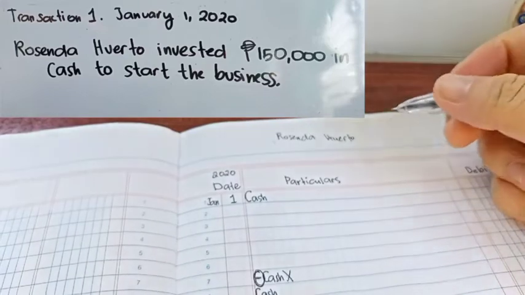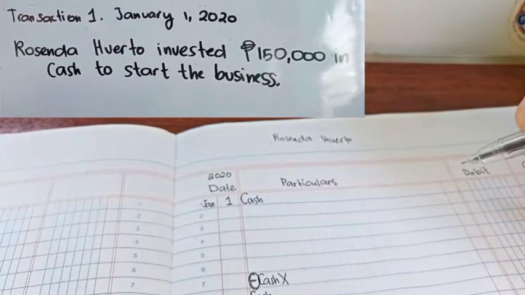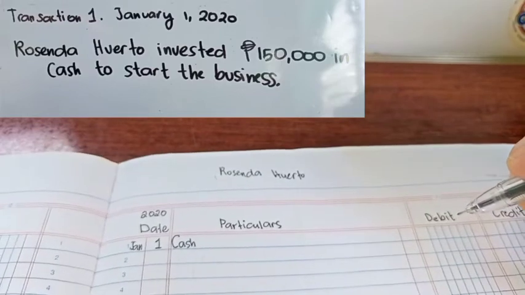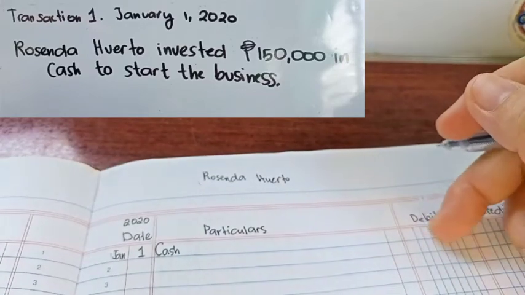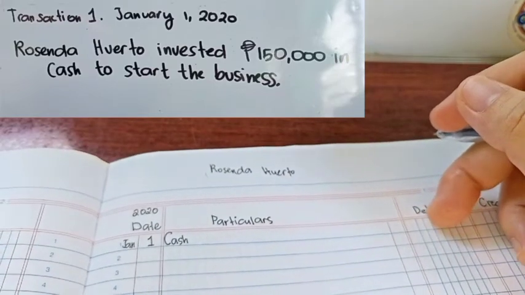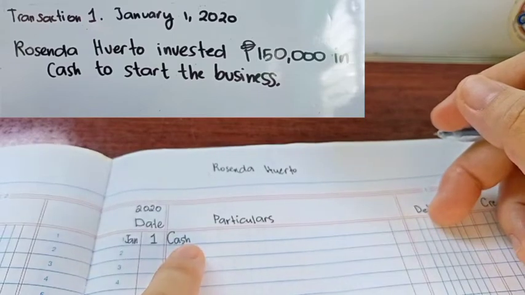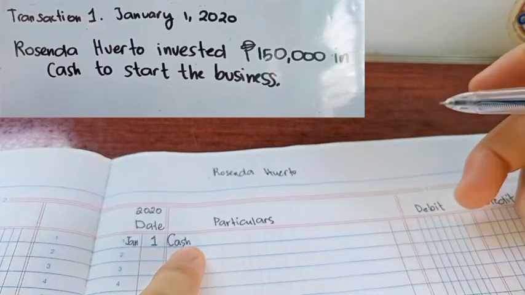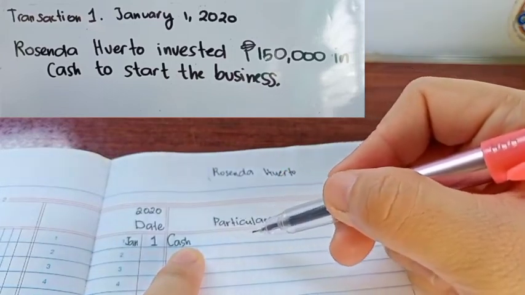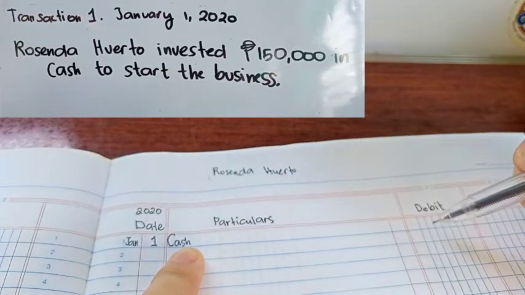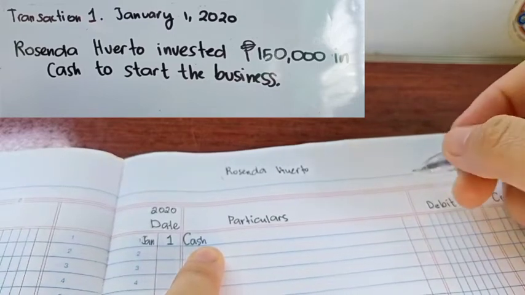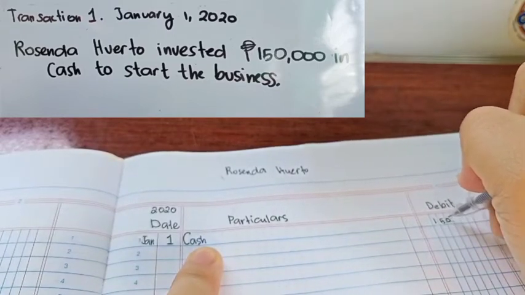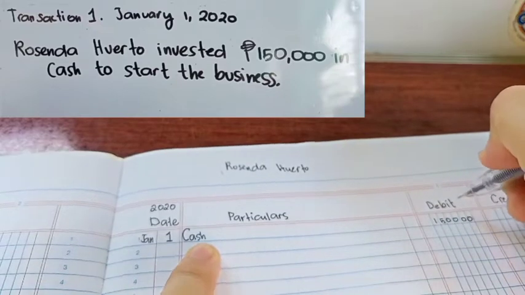It says Rosenda Huerto invested 150,000 in cash. So we go to this column for the debit, because cash is a debit account. In the debit column you also put the amount, straight across from cash. You will write 150,000.